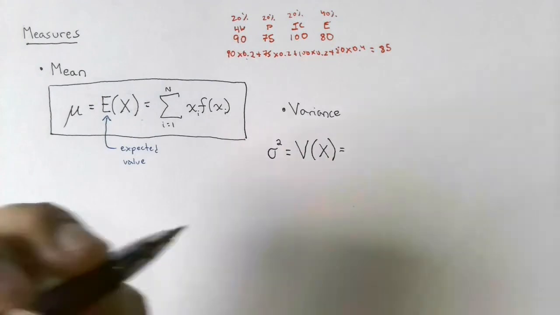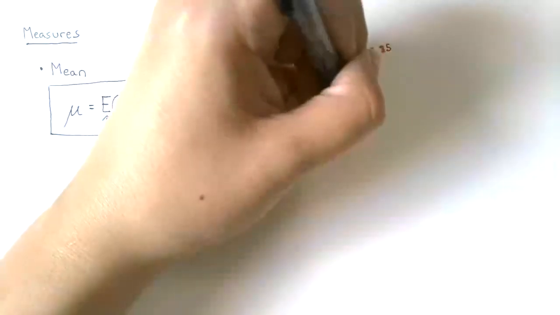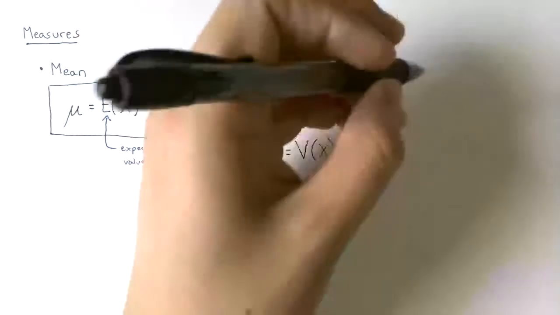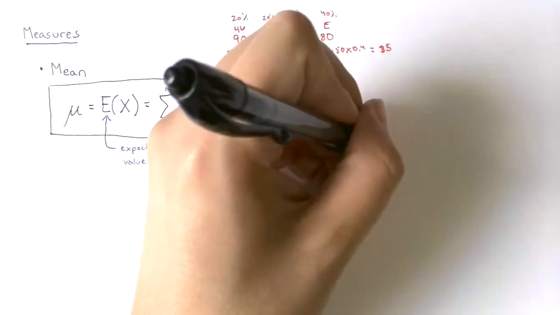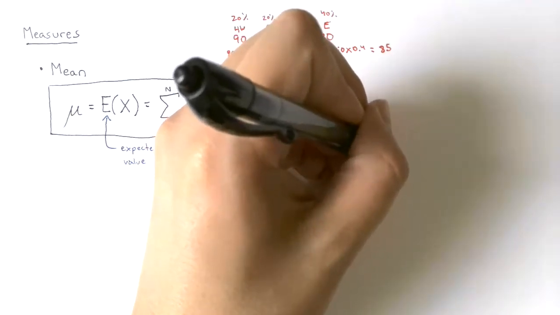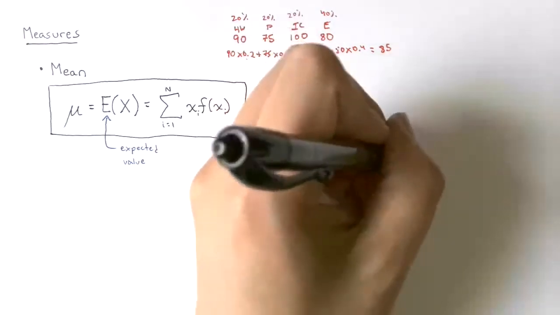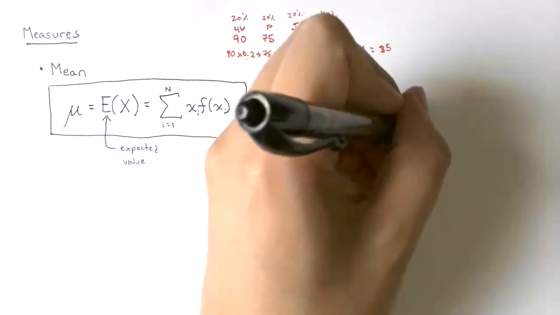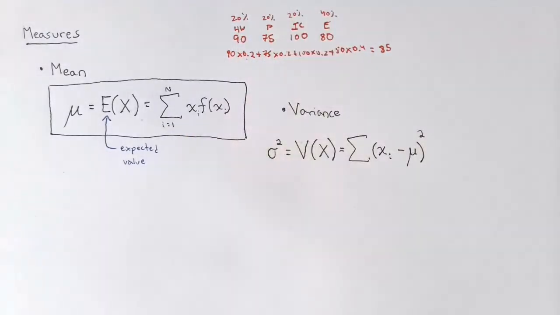And that function can be found as the sum of the difference between my individual outcome and the mean of my random variable. But then we have to square it. That's where this square comes from.